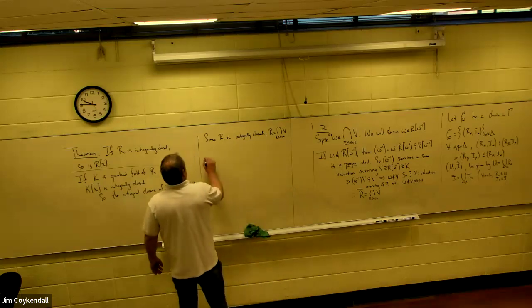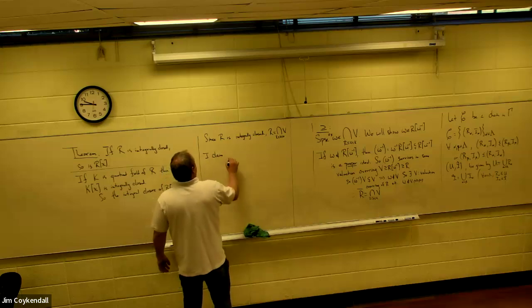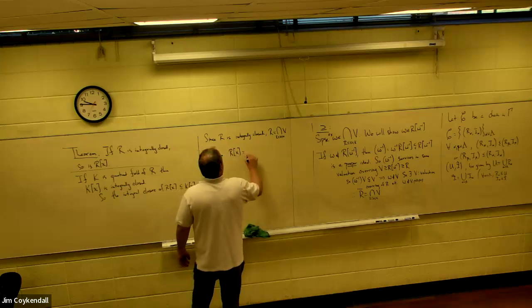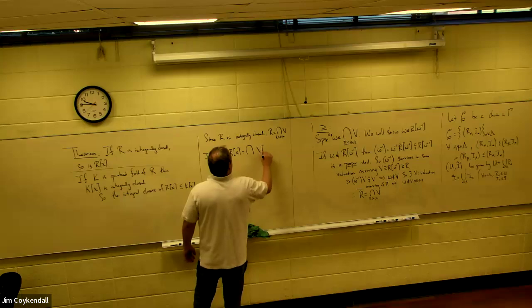So I claim R[x] is the intersection of V[x].